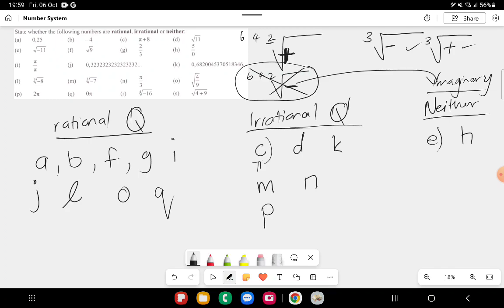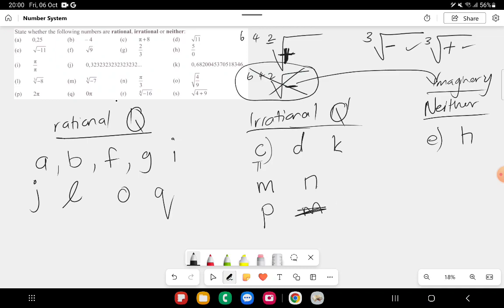This is imaginary. So right now I have the cube root of -7. A cube root can be negative, but the 7 is going to make it an irrational number. So it's not imaginary, it's irrational. Pi over 3, I've done that one already. Irrational. Oh, where am I now?